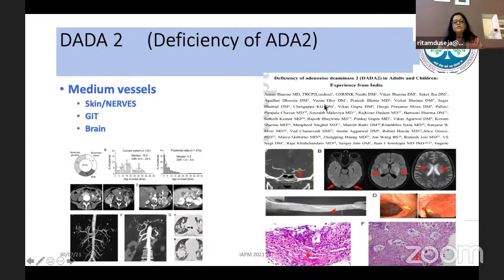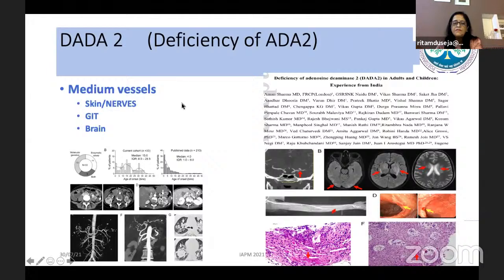Now, another kid on this block of medium vessel vasculitis is DADA deficiency, or deficiency of adenosine deaminase 2. In this disease also, we have observed that medium vessel arteritis is seen most often in skin and nerves, GI and brain. This is a manuscript from our institute where Dr. Aman Sharma took the lead.